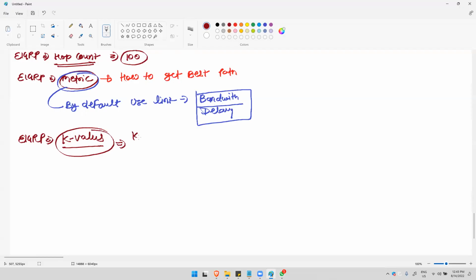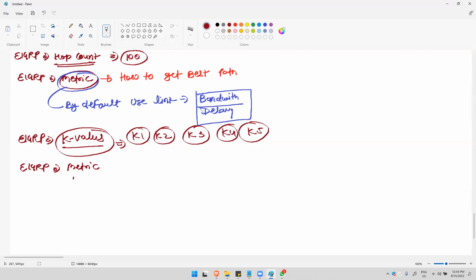We are getting K1, K2, K3, K4, K5. How many K values? 5 K values. What is meant by K value? We discussed step by step. We are getting which information? Metric weight. Clear?